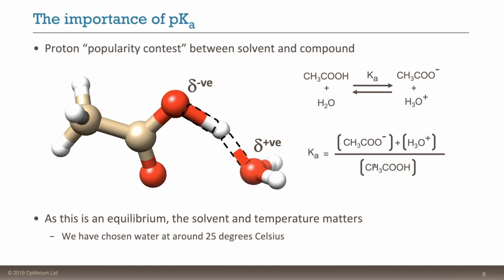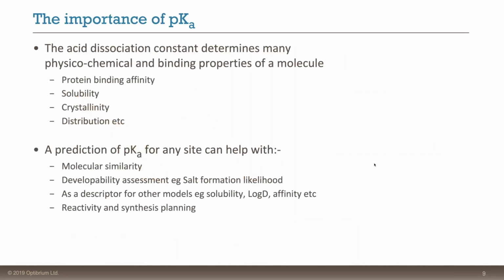And as temperature can matter in this, we have tried to collate data that is only in water, not in mixed solvents, and at temperatures that are around about room temperature. Ionic strength does play a part in influencing pKa, but unfortunately, I have to say a lot of the references and a lot of the data that we collect don't actually specify ionic strength. So that's an unfortunate consequence of the data that's around.